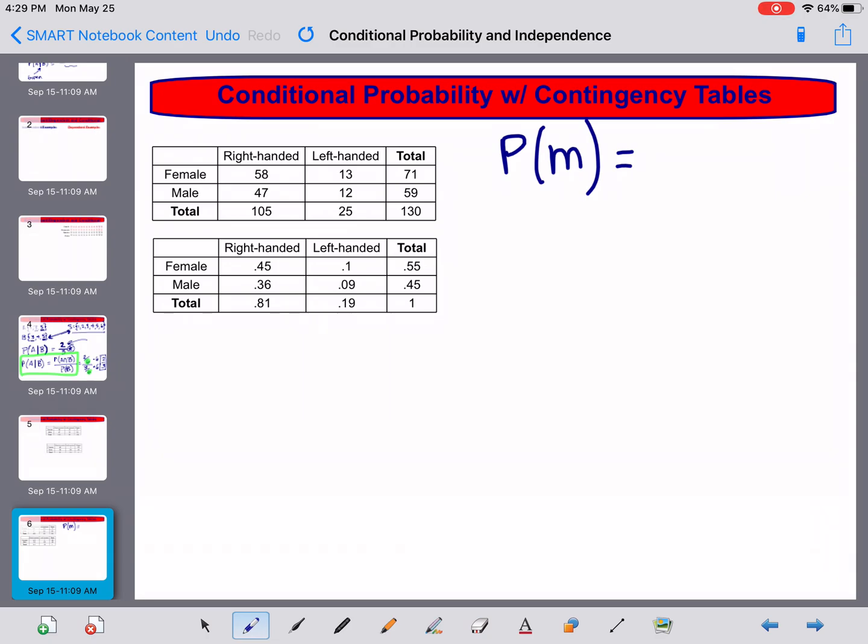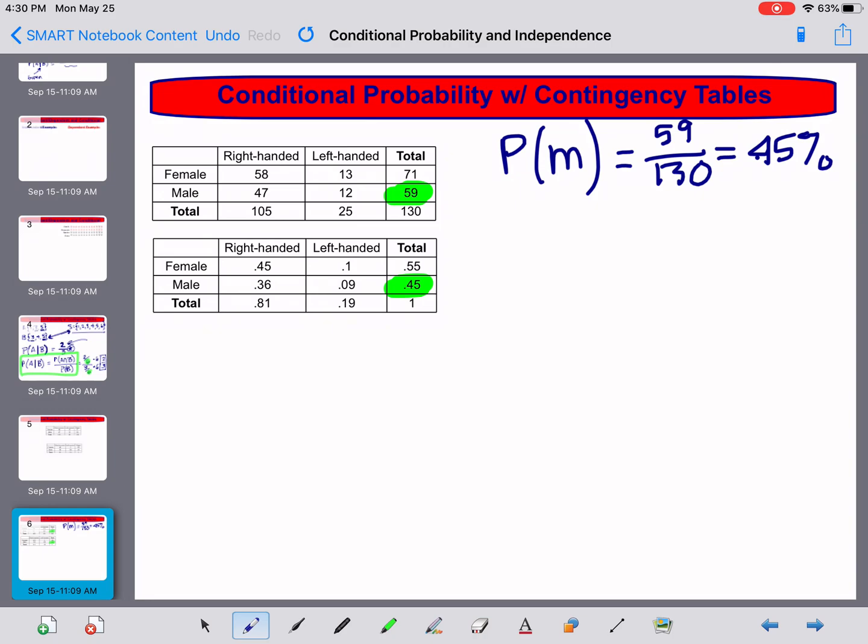But if I have this contingency table, I can simply look at where those things are. So if I want the probability of male, here's my males there. I do that out of the total, 59 out of the 130. Or if I did it as a percent, I already have that set up. So I can either think about this as 59 over 130 or 45%.